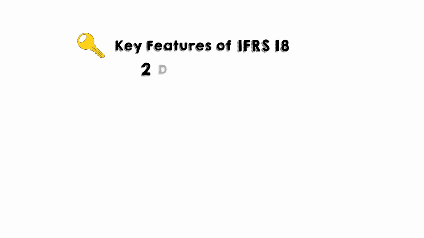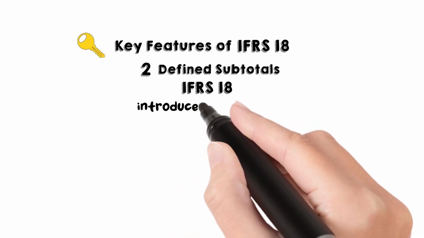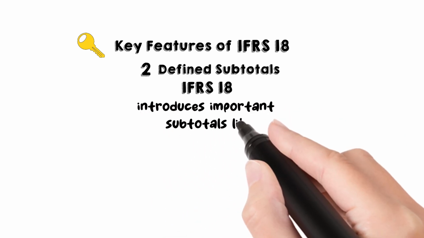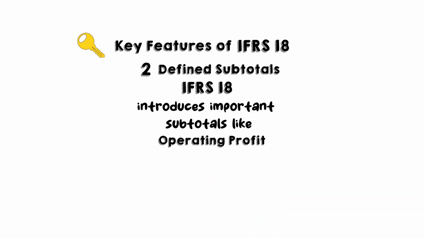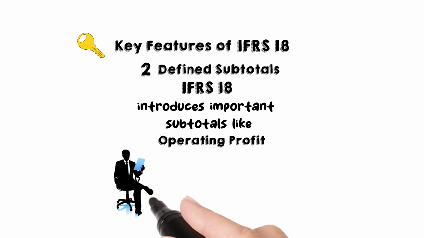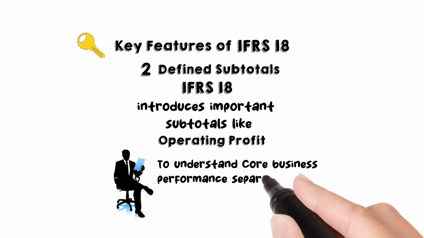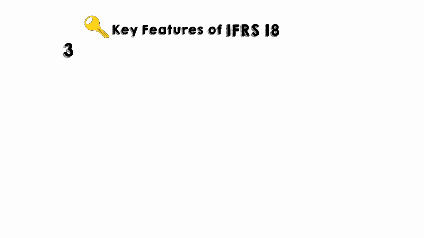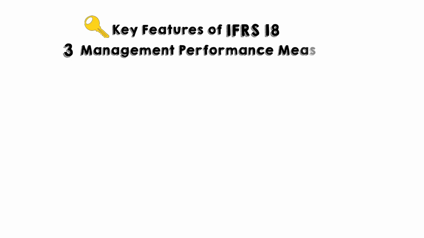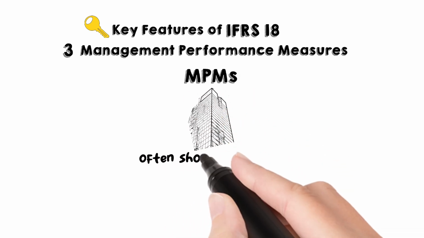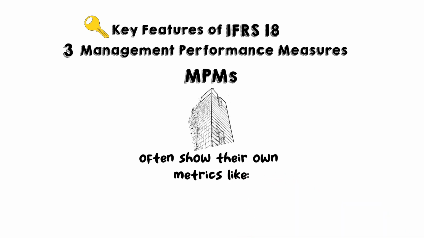2. Defined subtotals. IFRS 18 introduces important subtotals like operating profit. This helps investors understand core business performance separately. 3. Management performance measures, MPMs. Companies often show their own metrics like adjusted profit, EBITDA.